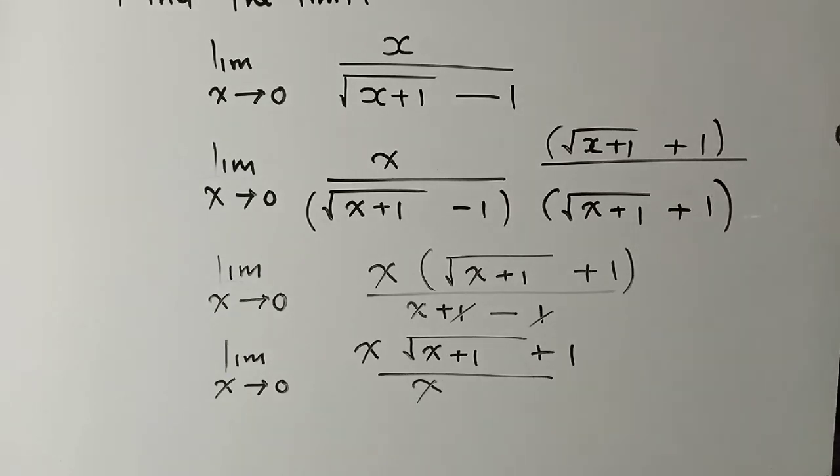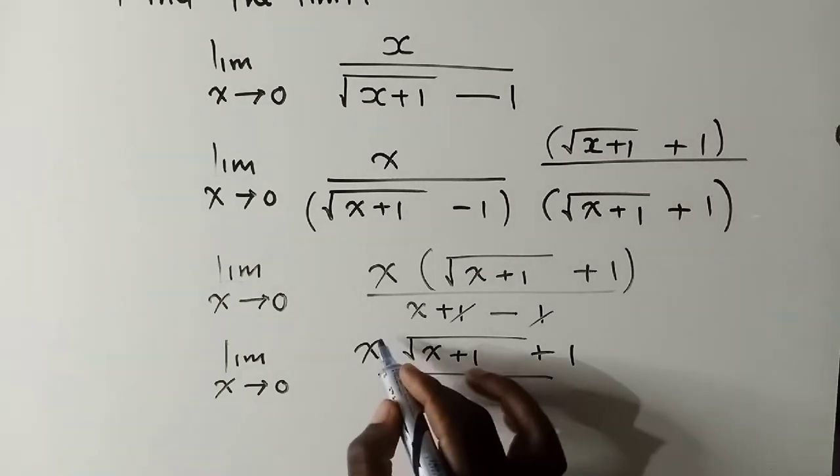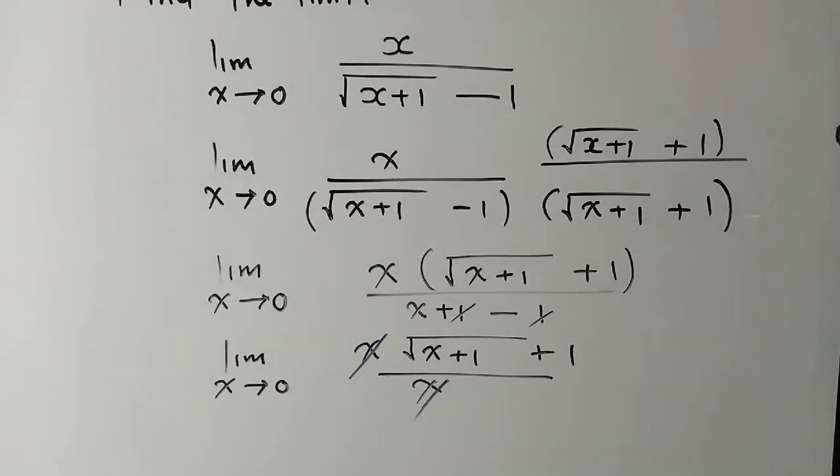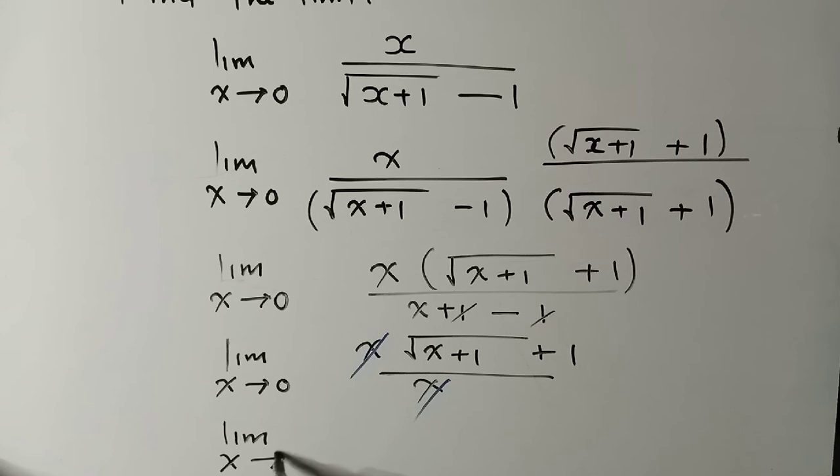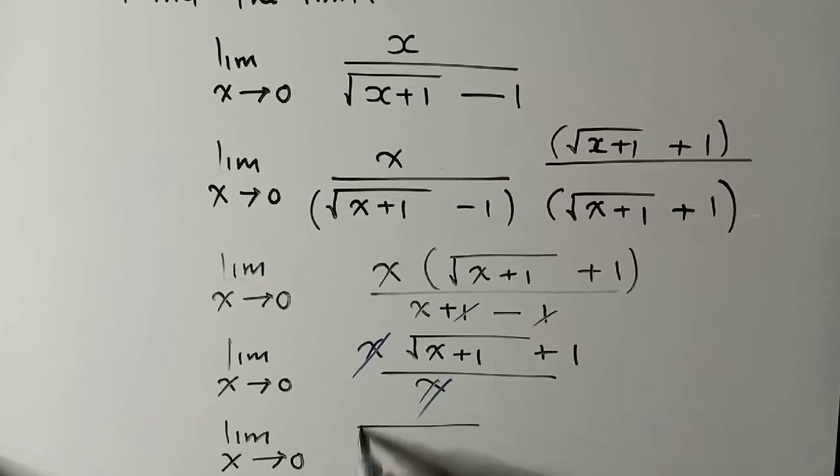So this x and this x will cancel, and we'll remain with the limit as x approaches 0 of 1 over the root of x plus 1, plus 1.